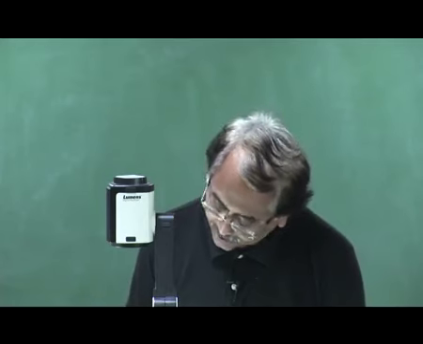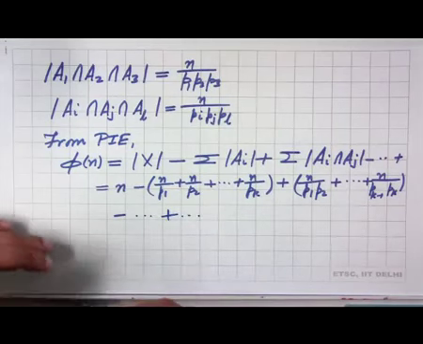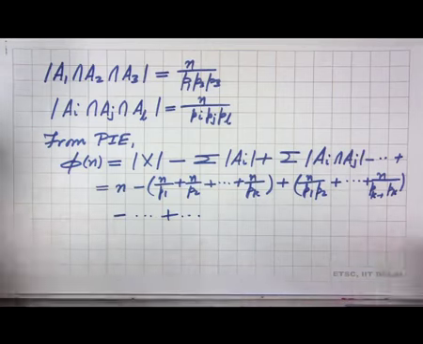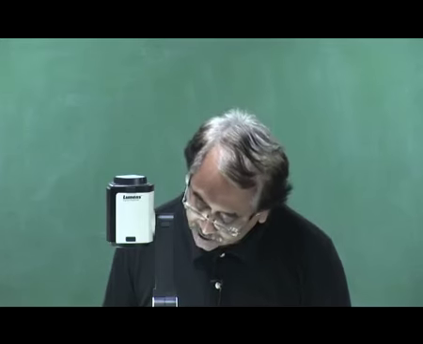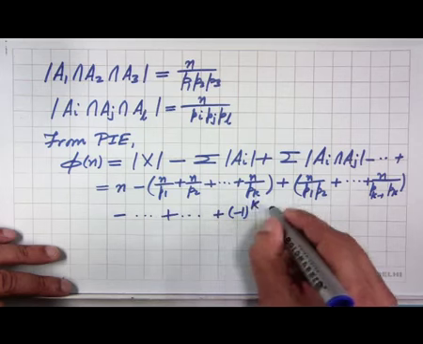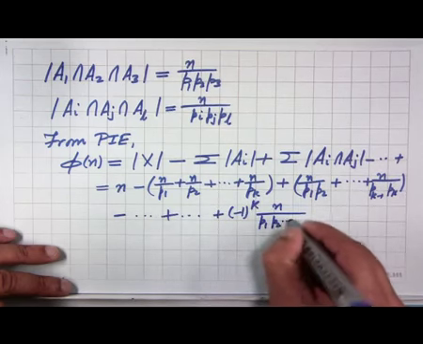And the whole thing is n divided by that, and then I have minus dot dot dot plus dot dot dot. And what do you think the last term would be? The last term would correspond to taking the sets all at a time. So my last term would be minus 1 to the power of k over n by p1, p2, dot dot dot, pk.